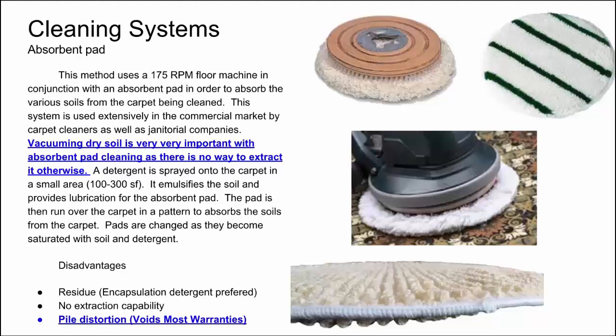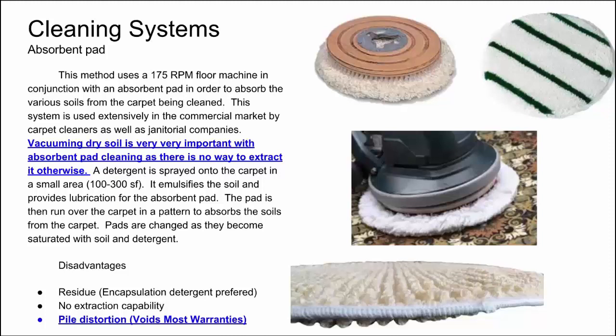You need to at least do 2 passes. Even if the carpet appears to be clean, it's really not. Most carpets, even if they look clean, contain a certain amount of soil. So do a sufficient job, do a couple passes, do a couple flips or new pads, change them out. Because remember, we're not extracting, we're absorbing. We've got to make sure we absorb the maximum amount of soil out of that carpet.